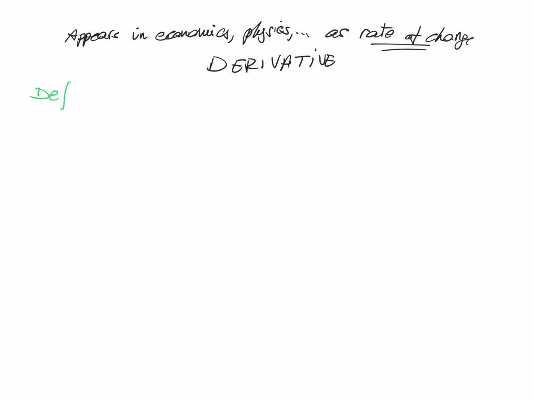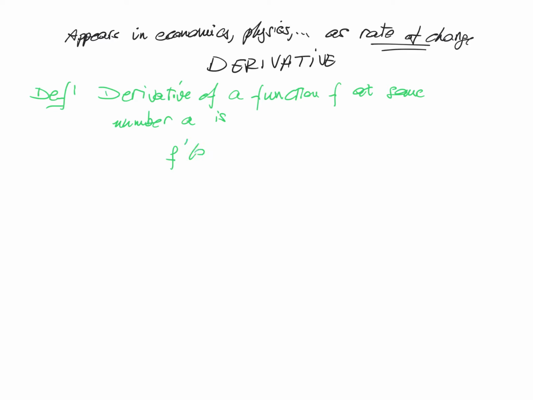The definition then becomes the following. The derivative of a function f at some number a is defined as f prime of a, so we write it as f prime of a equal to the limit of f of a plus h minus f of a divided by h for h going towards 0, provided that this limit exists.